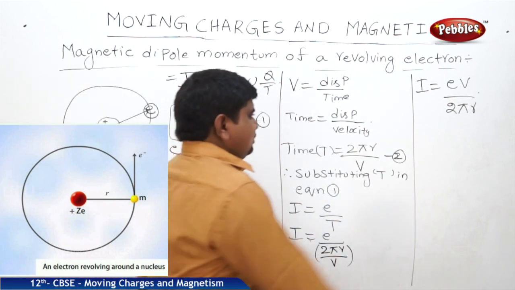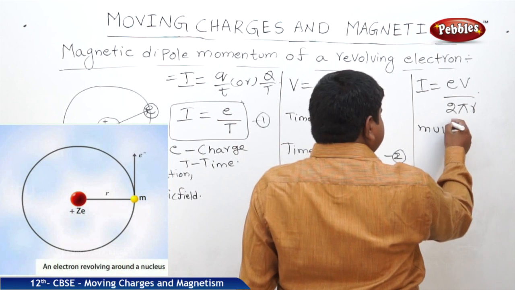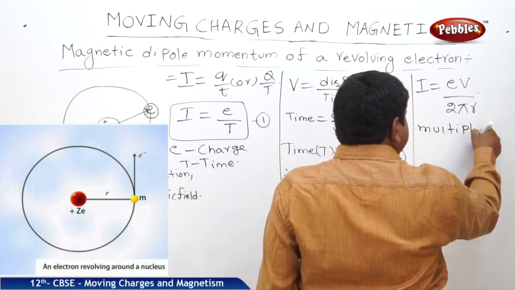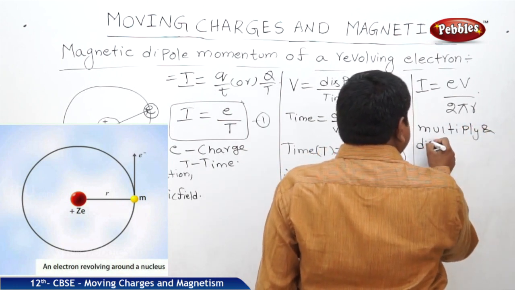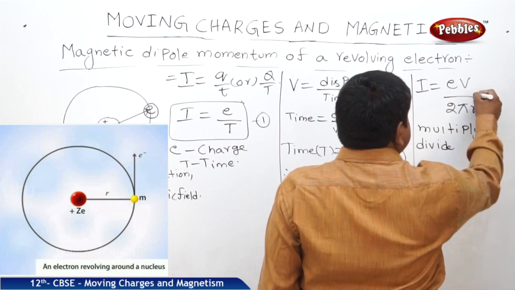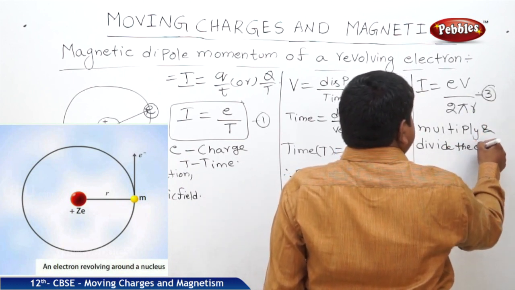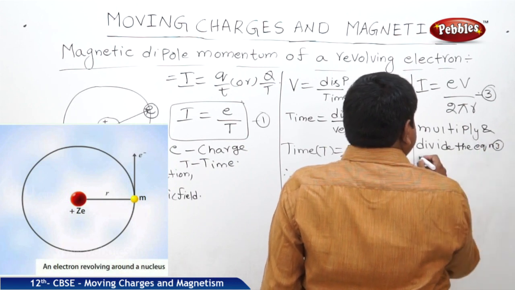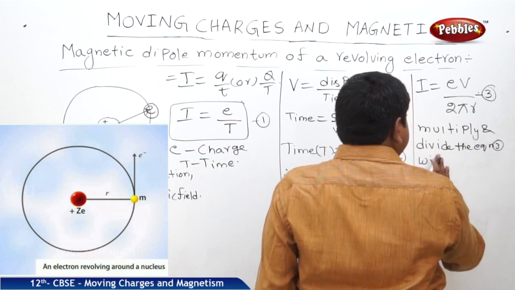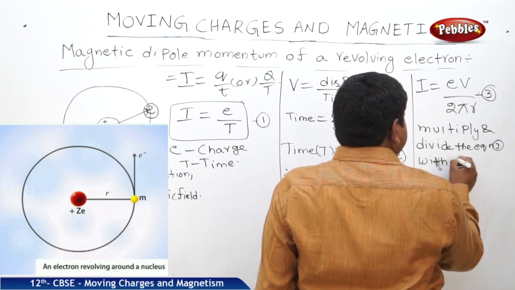So multiply and divide this, let us say equation 3, with r.